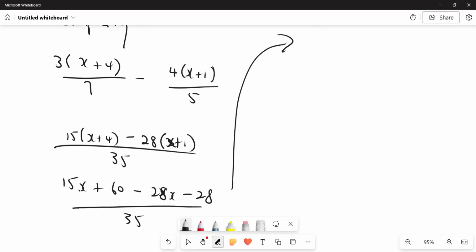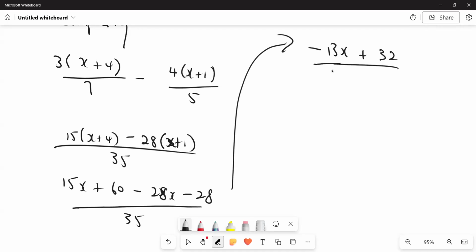What's that? Okay. 15x minus 28x will give you what? 8 and 5 is how much? 13, minus 13x. 60 minus 28 is how much? 8 from 10 is 2, 2 from 5 is 3, right?